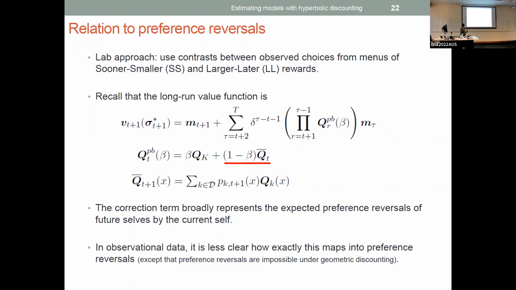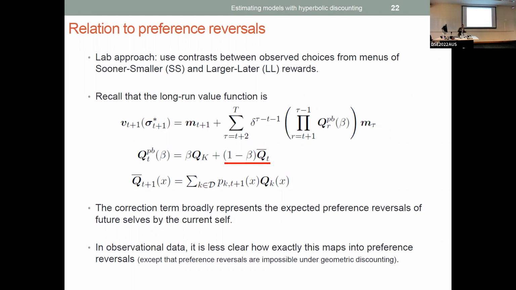So we have the long run value function equaling this geometric sum, where the Q's, the QPBs, are mixtures. And this is the term that makes the hyperbolic discounting models differ from geometric discounting models. This correction term broadly represents the expected preference reversals of future selves by the current self.